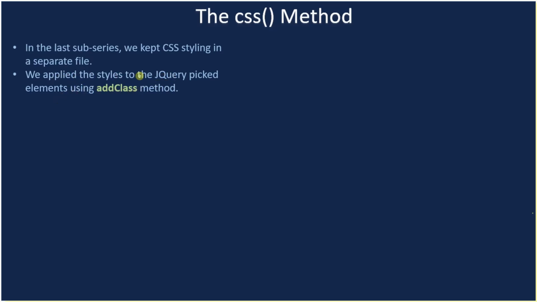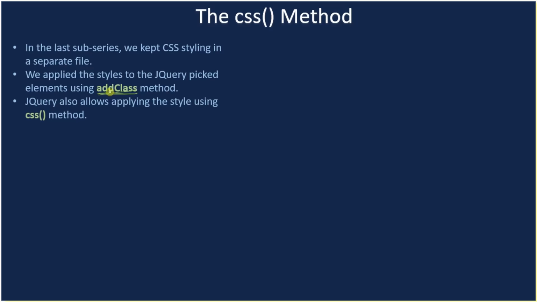So add class is the method which we used previously, and we defined the CSS rule for a class. Inside that rule we specify the CSS style, and inside the JavaScript we pick the jQuery picked element and then make a call to our class method, and we point to the CSS class rule. Based on that we applied the styles. That's what we did previously.